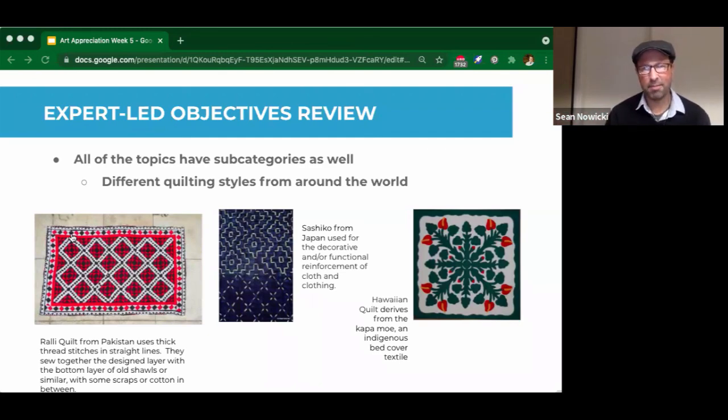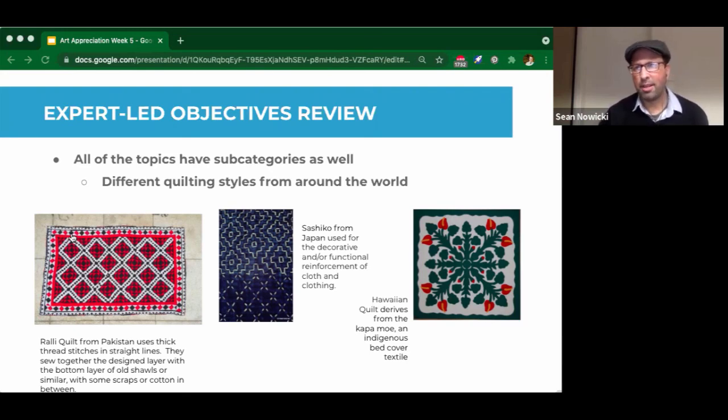If you're repairing something, you show the repair. So totally different reasons for these two kinds of quilts, but they're quilts nonetheless. And then you have the Hawaiian quilt, and Hawaiian quilts are usually botanical in nature. They usually have flowers, and sometimes flags.